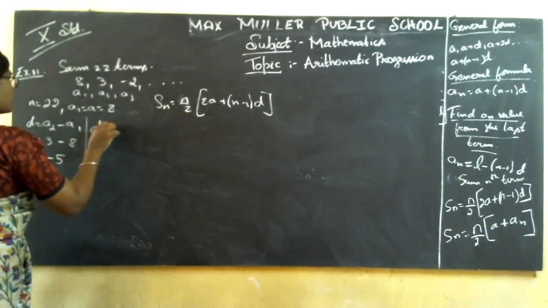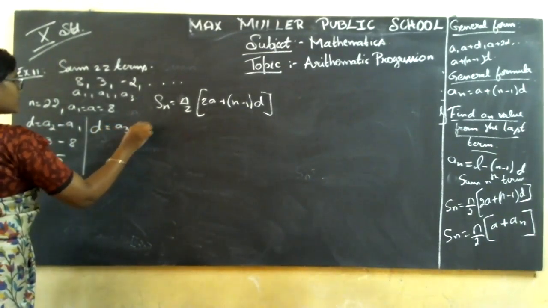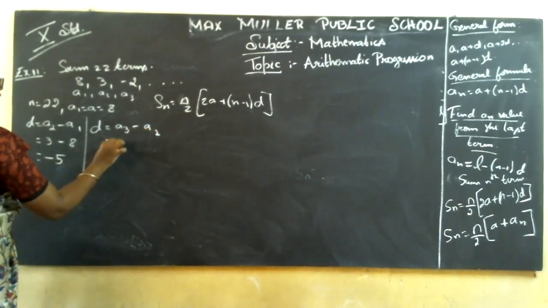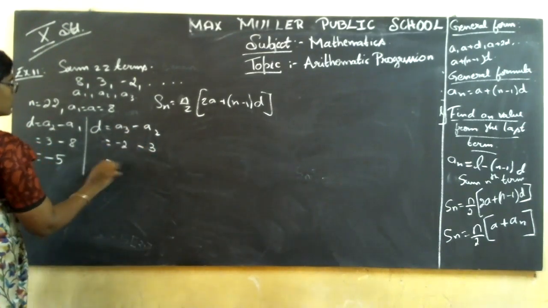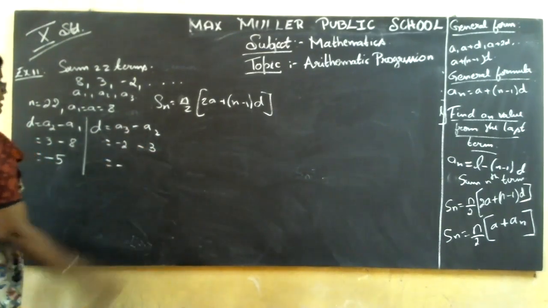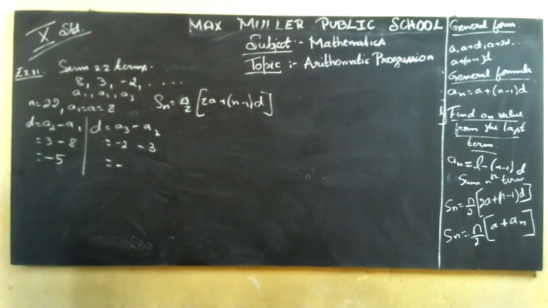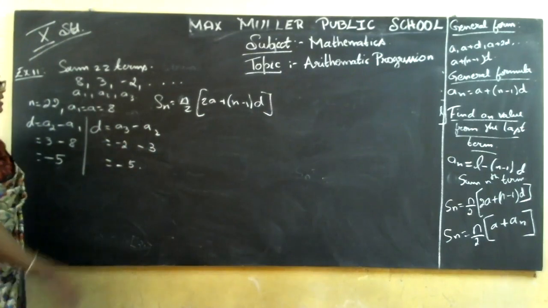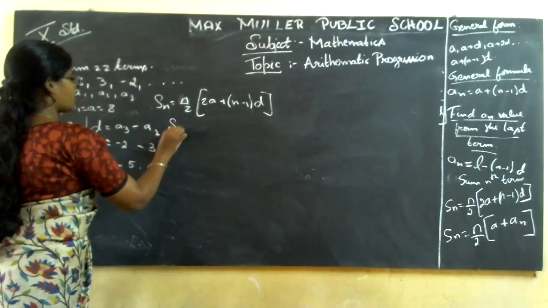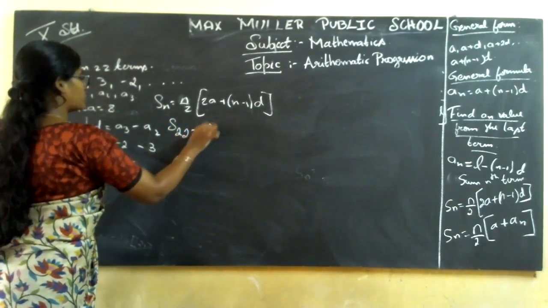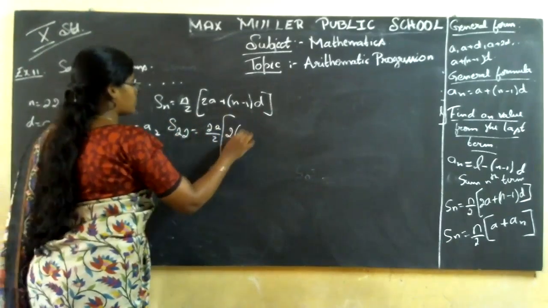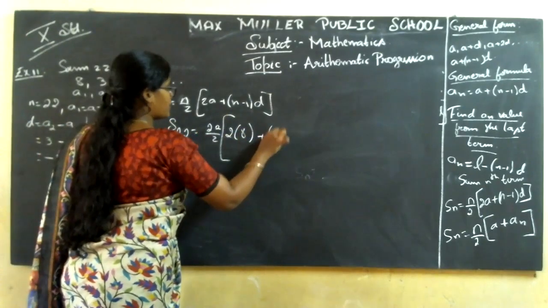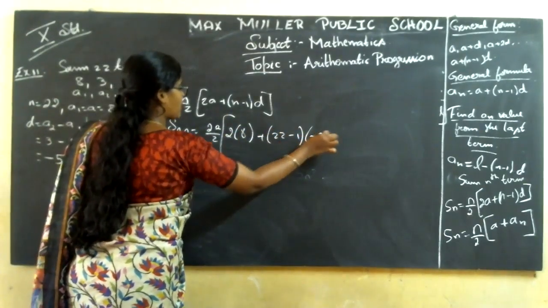Very good. d is also a3 minus a2. a3 is minus 2, a2 is 3. 2 plus 3 is 5, so d value is minus 5. Let me substitute in the formula. S22 is equal to 22 divided by 2 into 8 plus 22 minus 1 into minus 5.